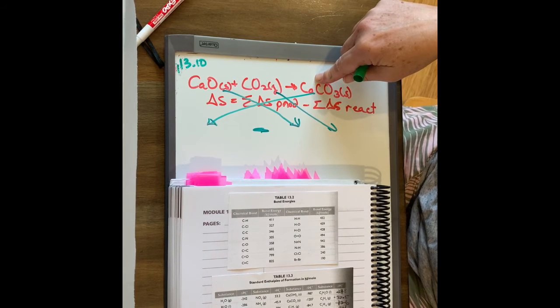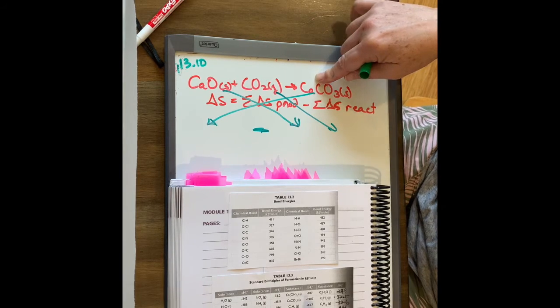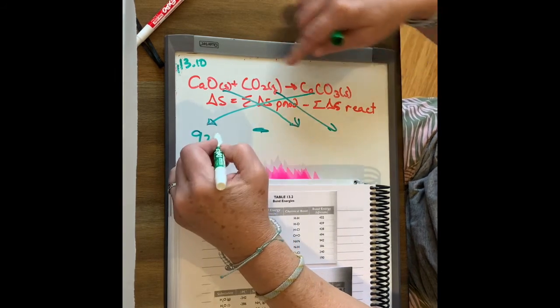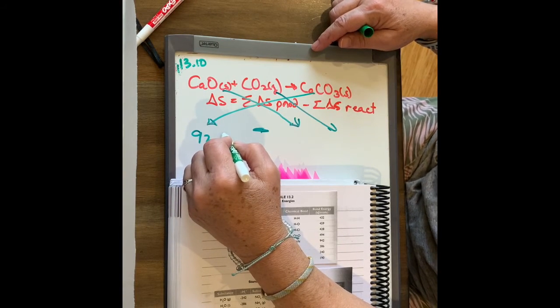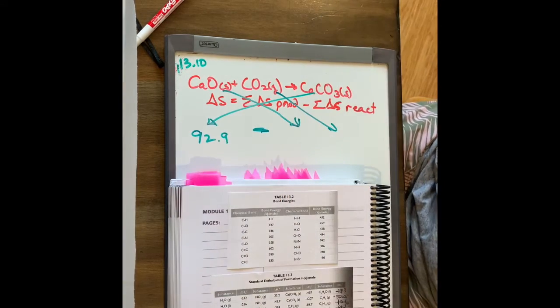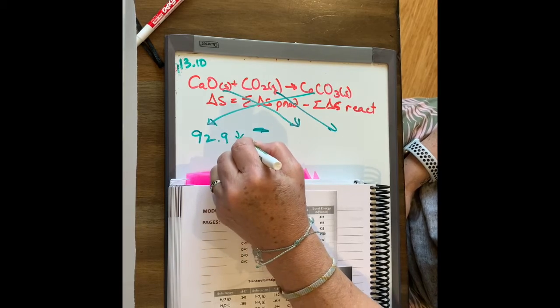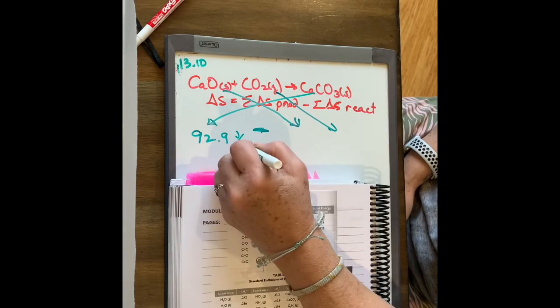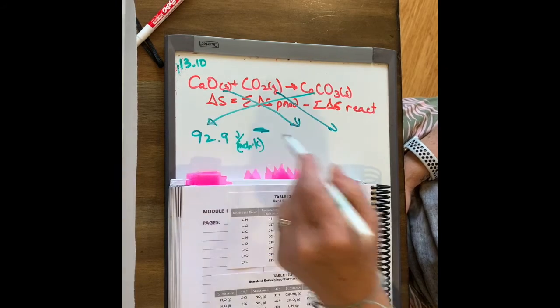CaCO3 is here. It's a solid, so it's 92.9. We don't have any stoichiometric coefficients, so we just have to deal with what we're given, which is nice. And of course, this is more intense than the other one, so it's joules over moles times Kelvin.